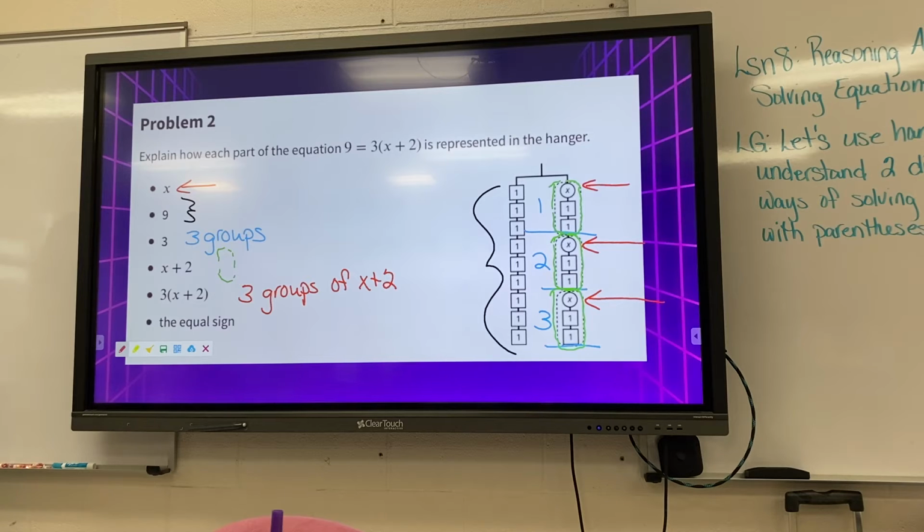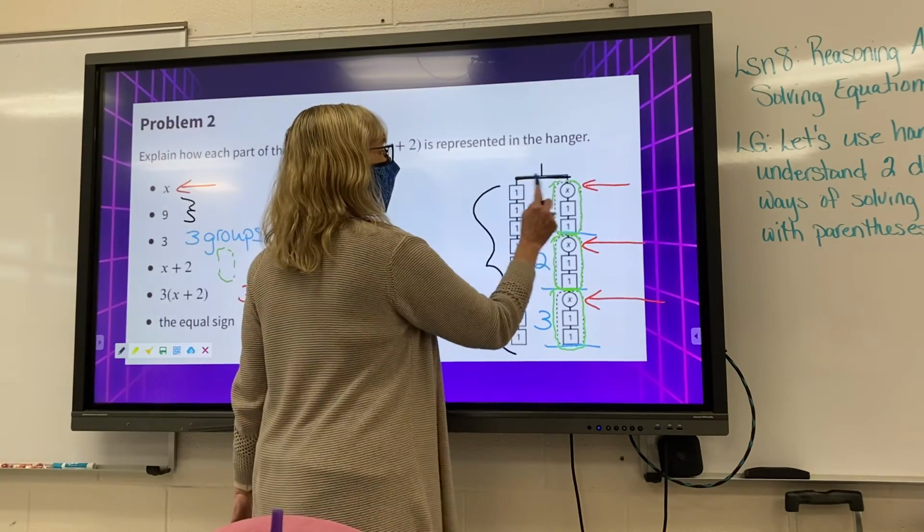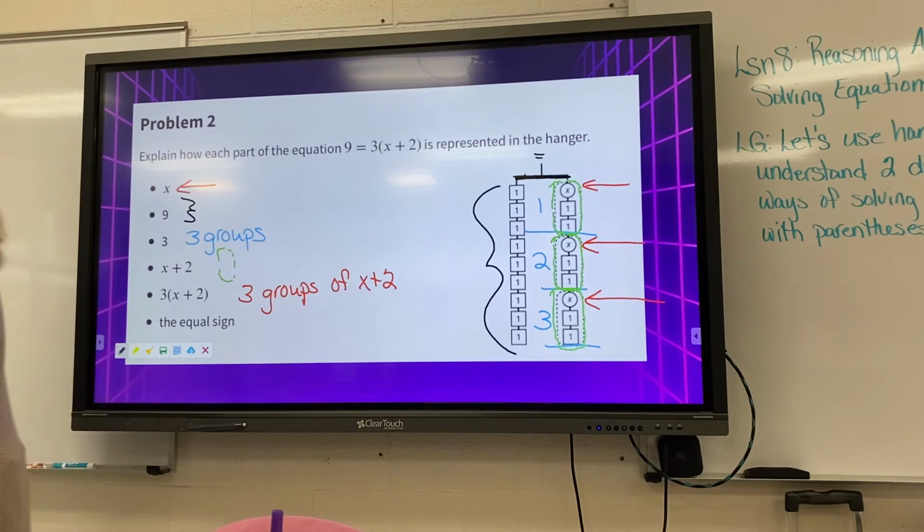Where's the equal sign? The bar. Good. Yep, there's your equal sign. If it was slanted, it wouldn't be an equal sign, it would be an inequality sign.